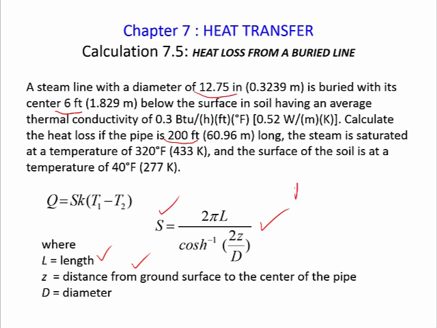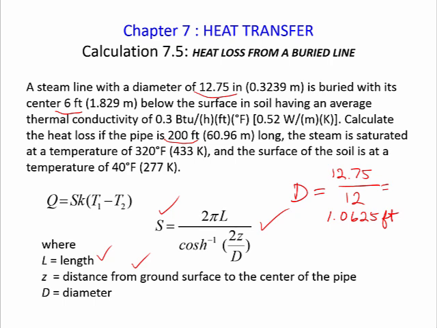The diameter D can be converted to feet as 12.75 divided by 12. This will give us D as 1.0625 feet.